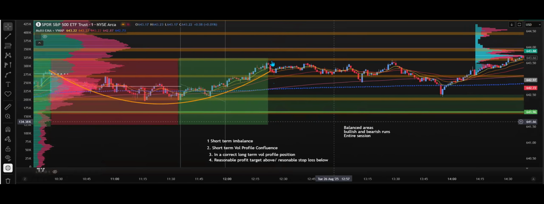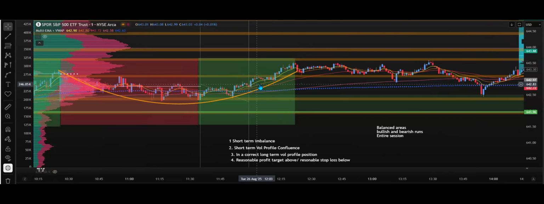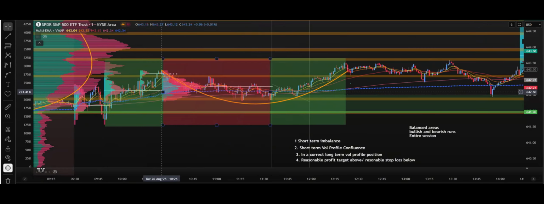What is happening here is it doesn't actually come back to validate this point of control or the one that it used for support here. But when it pops up, you'll see that this consolidation right here is consolidating on the low volume node that was formed on this uptrend.